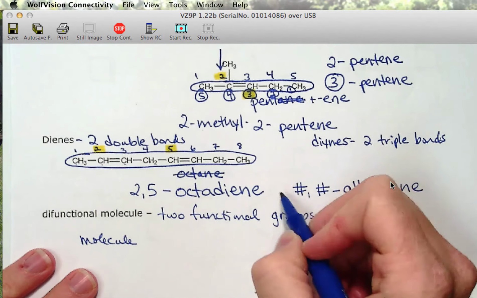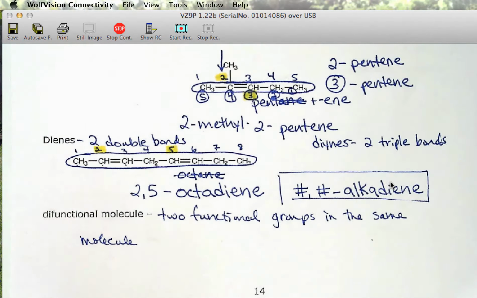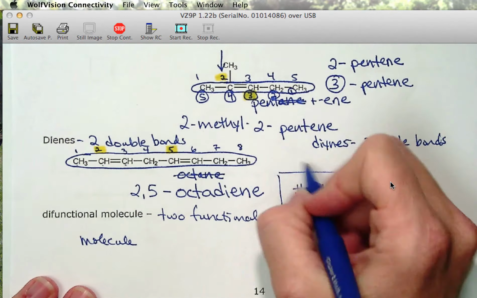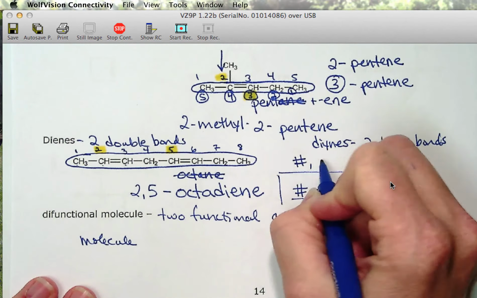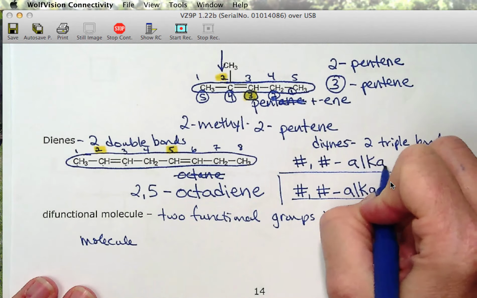This is the generic, very general name for dienes: number, alka, diene.